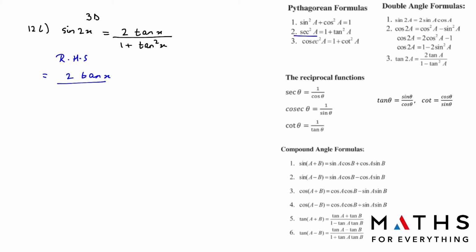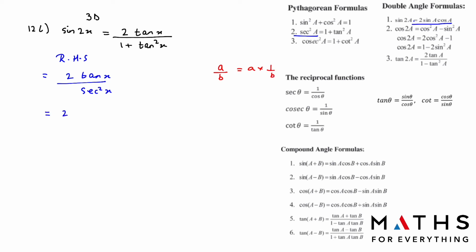In place of 1 plus tan square, we are going to write sec square x. Now how to move forward? Remember that sine 2x requires 2 sine a and cos a. You need a sine on the top and cos down. Also, if we have a over b, I can write it a multiplied by 1 over b.